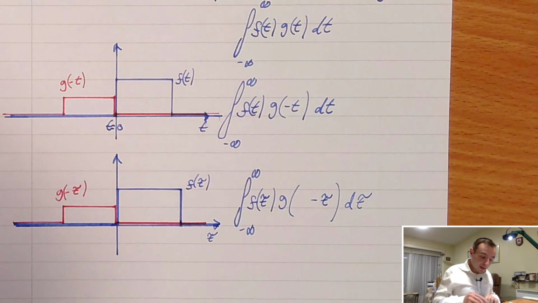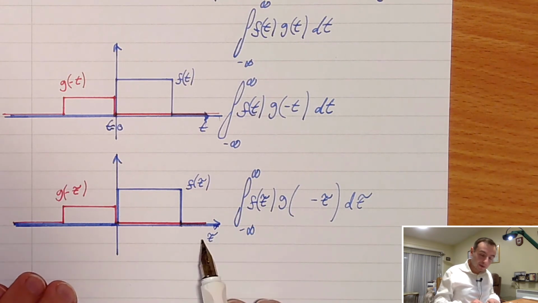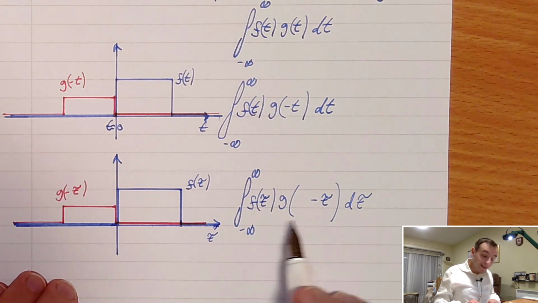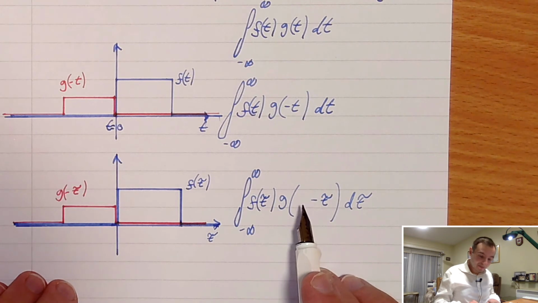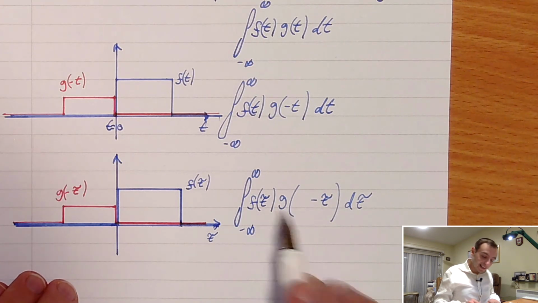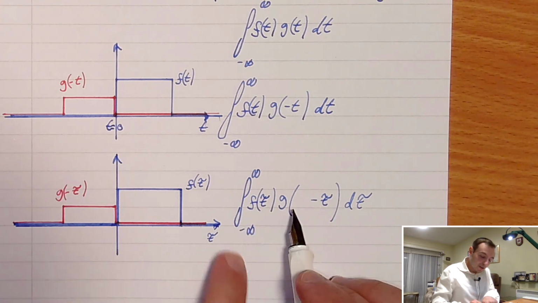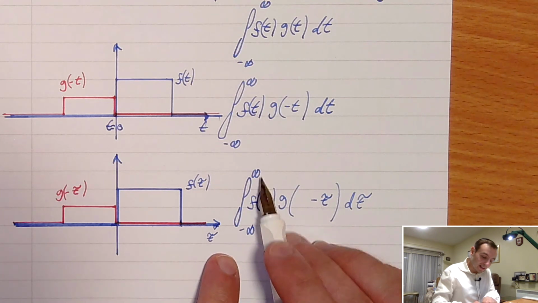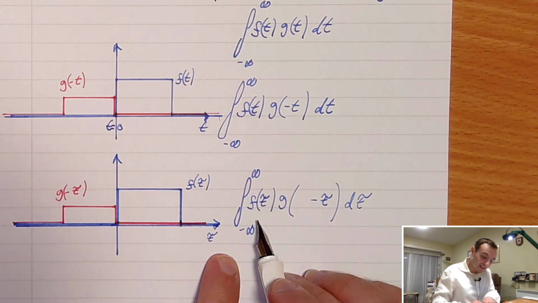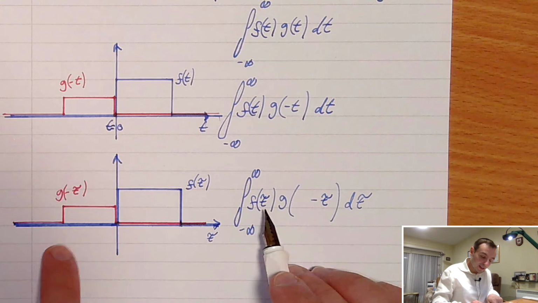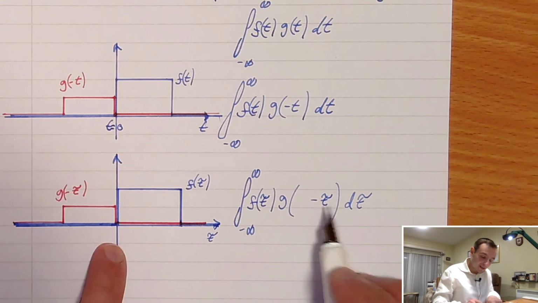The way we do that is by introducing this dummy variable of tau. What we can do is something very clever. We can say that the convolution will be the infinite integral of the product of f of tau and g of minus tau.